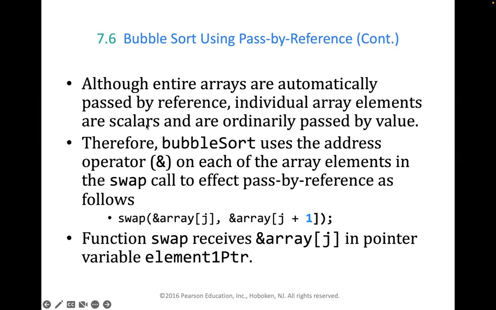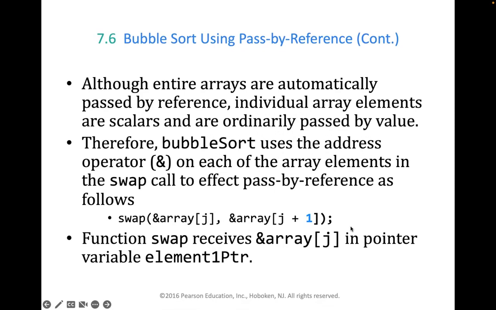Individual array elements, as just numbers, are ordinarily passed by value. But the function bubble sort uses the address operator on each array element in the swap function. So this is passed by reference, right?